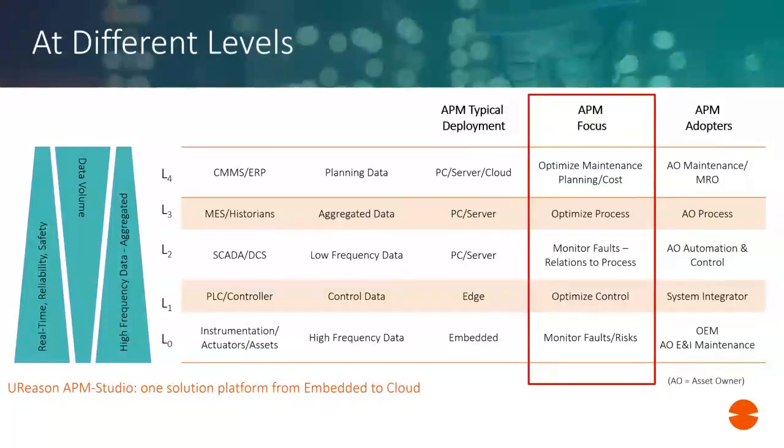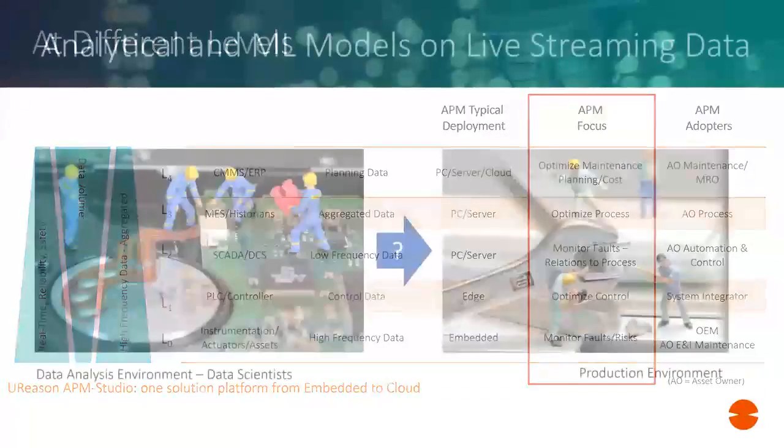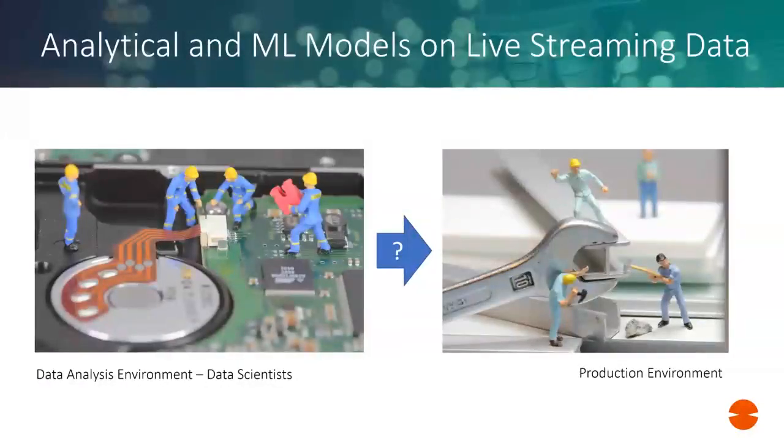Another question here: how do you manage a deployed machine learning application? That's a good question. The data scientists work in environments where they may have more than enough compute resources, memory, and CPU.